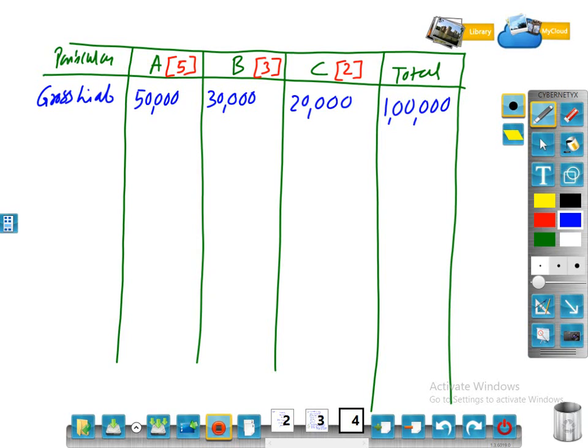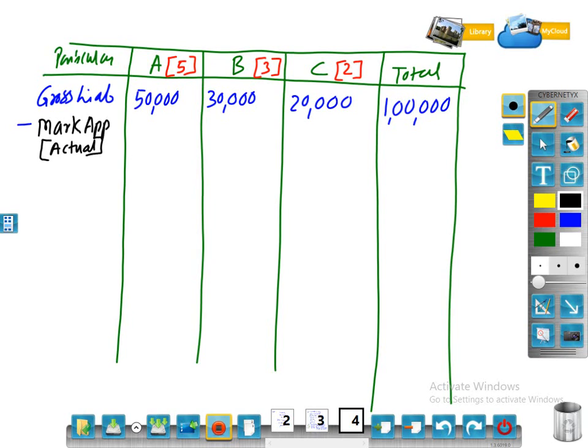Okay. Now from this, first of all, you have to deduct the marked application, whatever the actual marked application is.